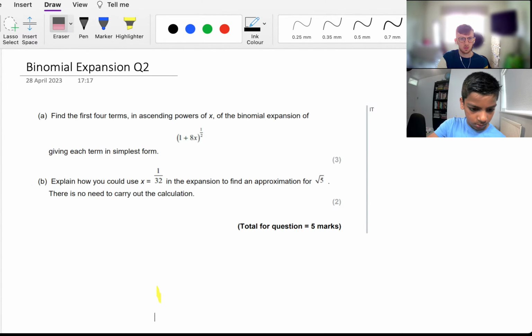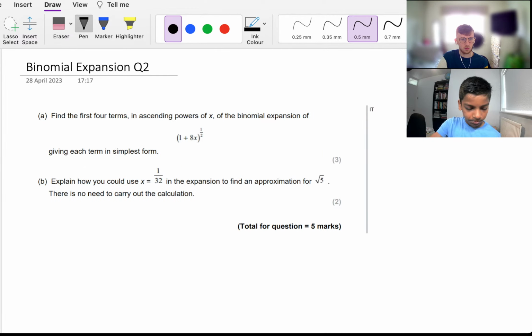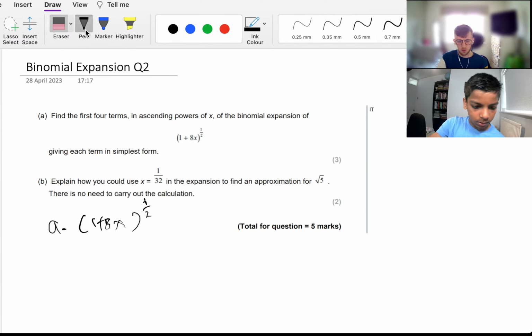Okay, so part A. (1 + 8x)^(1/2). When you're doing it, the formula's in the formula book, but I think it's a lot easier to think about the pattern that you're using for each term that you're working out.